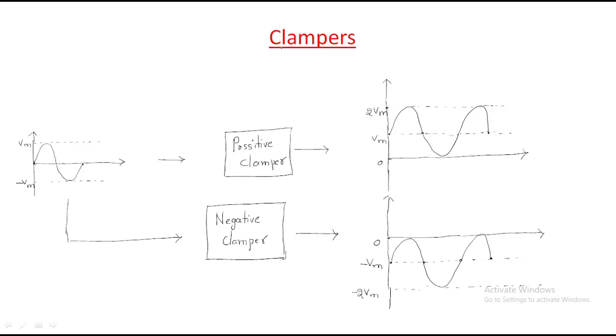So first, a clamper is a circuit which changes the DC level of the signal to the desired level without change in the shape of the signal.